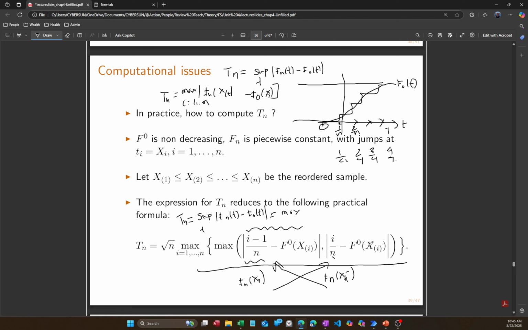These are the two discrepancies we have to compute at each point, and we will take the maximum of those. Finally, we take the maximum of all those maximums. So at each point we take a maximum of these two, and then we compute the maximum of all those maximums. So it's going to be a double maximum.